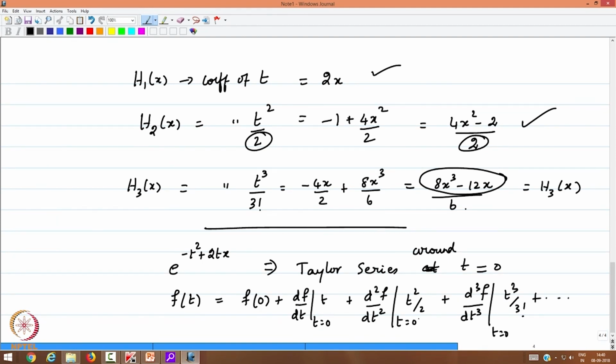The Taylor series of any function near a point is given by the value of the function at that point and all the derivatives, which we hope are analytic and continuous, whatever that is, they all exist. Now if you think of the exponential minus t square plus 2tx as a function of t, then when you put t is equal to 0, what is left over is a function of x, and that function of x is essentially the hn of x.